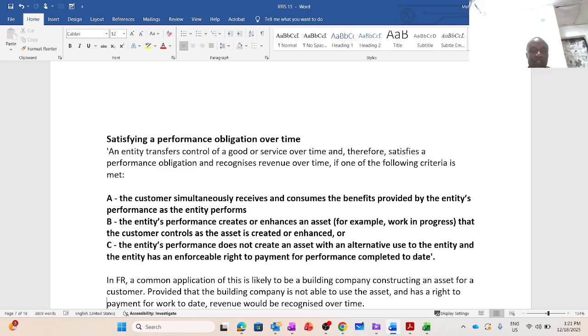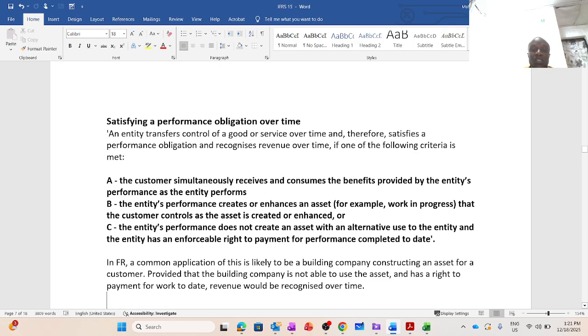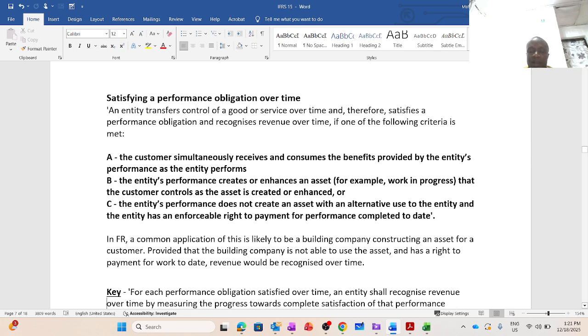So if the company has the right to payment based on progress and completion to date, and the structure being built has no alternative use, then automatically we are going to recognize revenue over time. So if any of these three conditions is met, we are going to recognize revenue over a period of time.